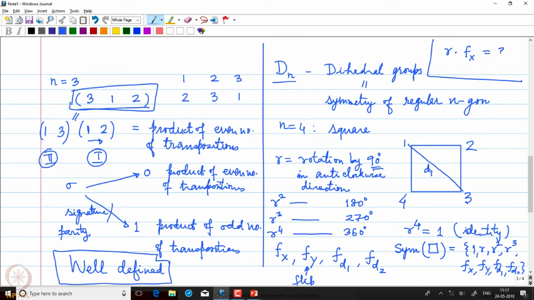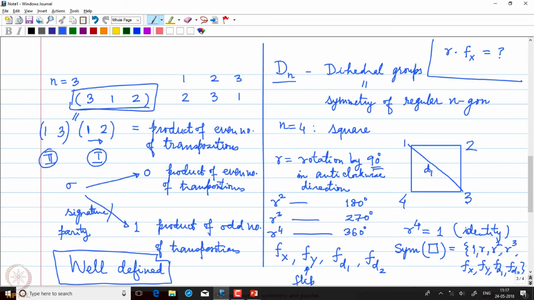What is it? Is it a new element which has not been explored here? No. So interesting thing is, if you try to compose all these things, you would realize this set is self-contained with respect to that composition, and therefore this is the group of symmetries of regular four-gon square which has 8 elements.